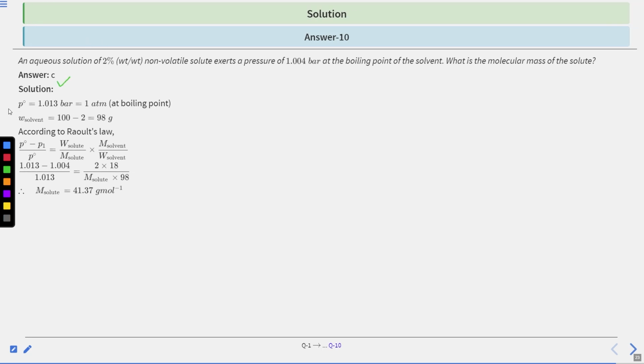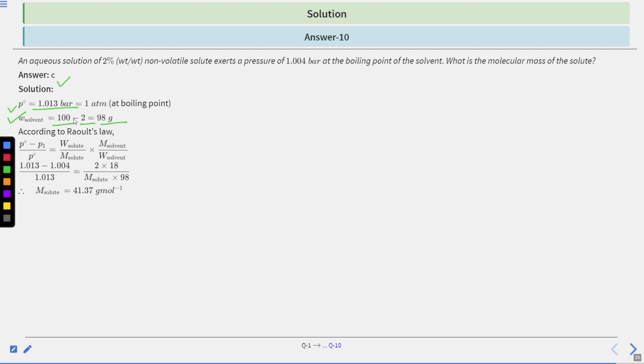So the vapor pressure given is 1.013 bar, which equals 1 atmosphere at boiling point. And the weight of solvent is 100 minus 2, which is 98 gram, because we assume that 100 gram of the aqueous solution of 2% non-volatile solute is existing.